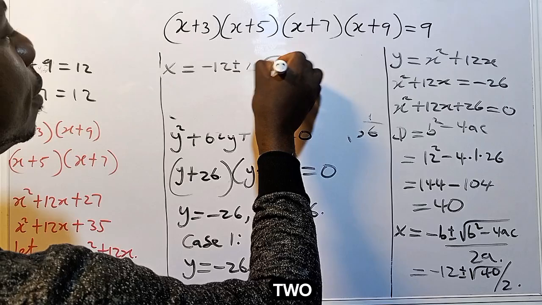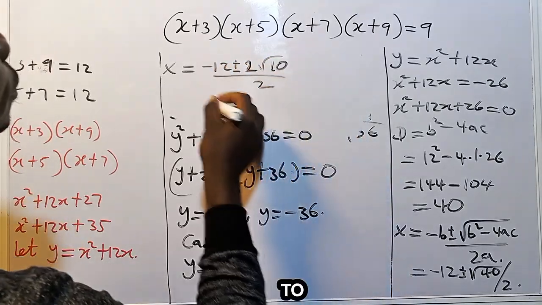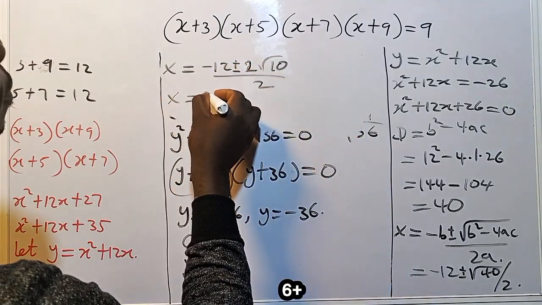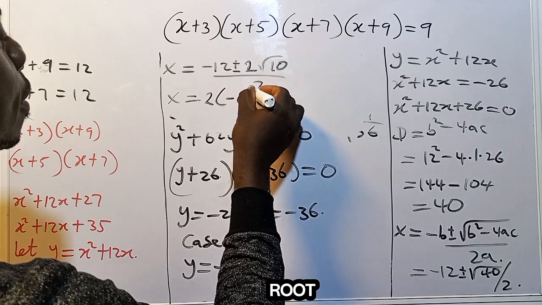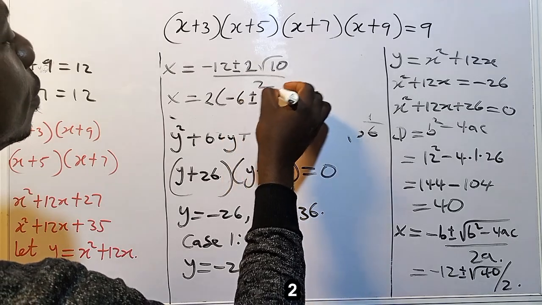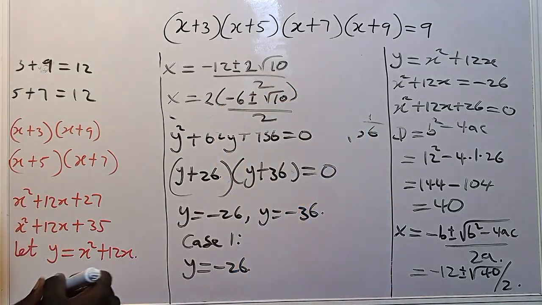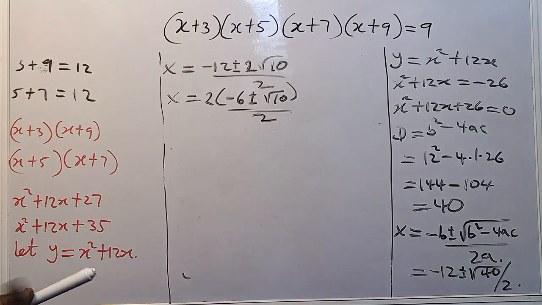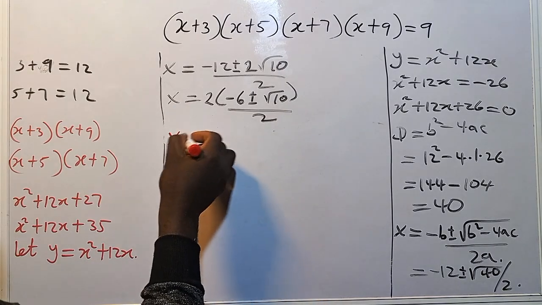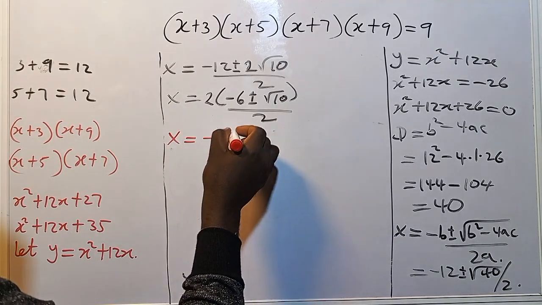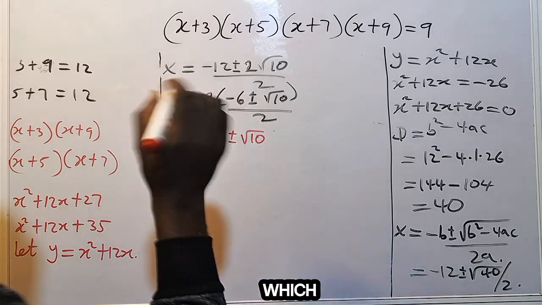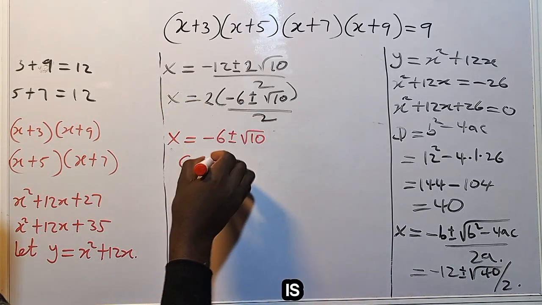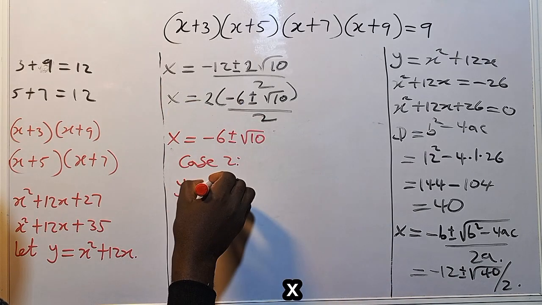Now I have 2 root 10 all over 2. So s equals 2 into bracket minus 6 plus or minus root 10, all over 2. Now I have s equals minus 6 plus or minus square root 10. That's the first case.